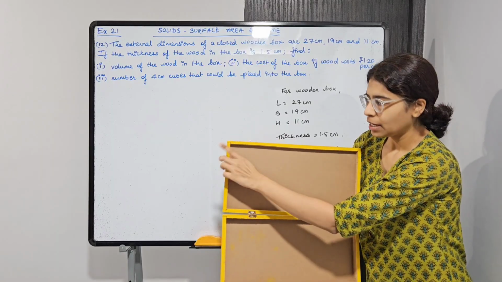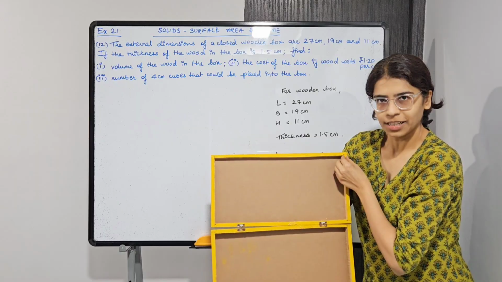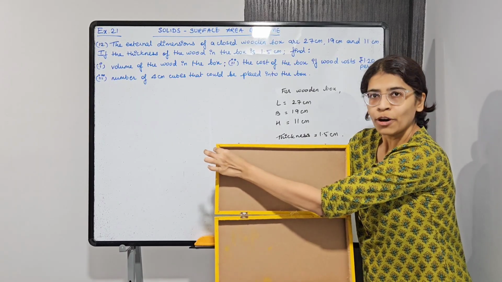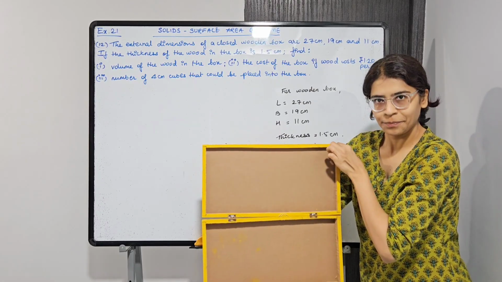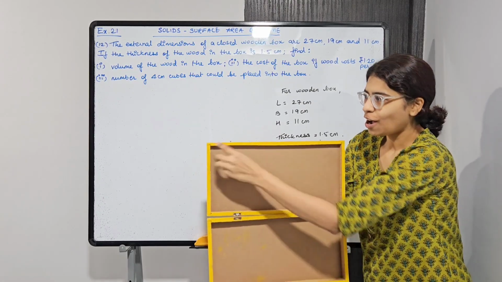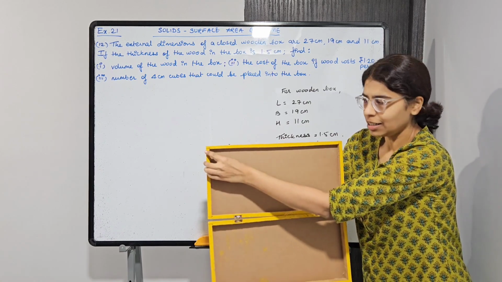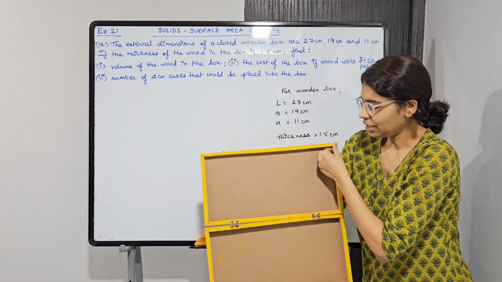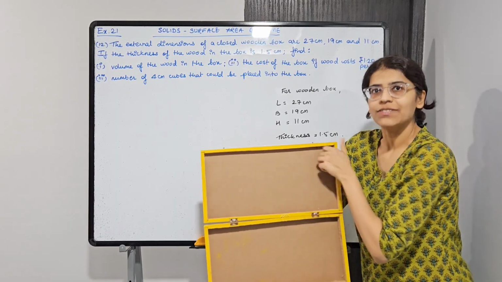Internal length is from here to here. So 1.5 thickness you need to subtract from left as well as right. Outer length is from here to here, inner length is from here to here. So I have to subtract this much thickness from left as well as right.